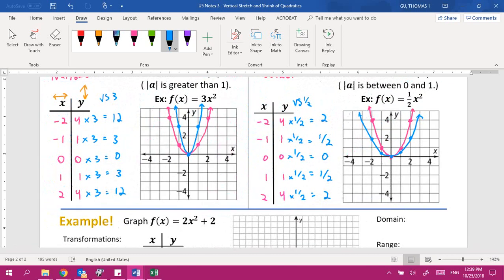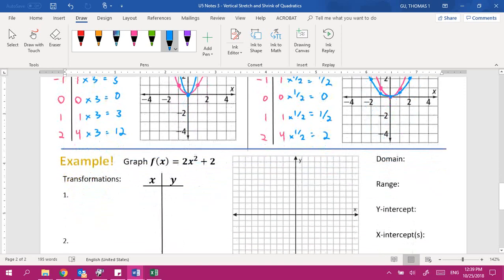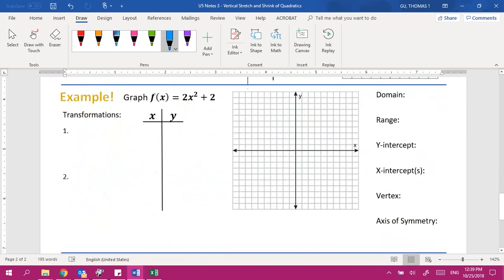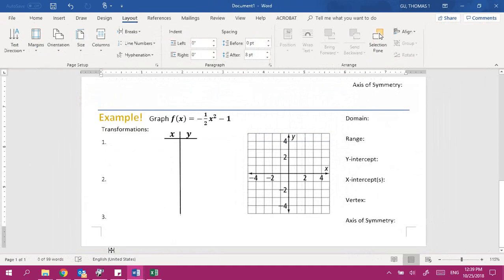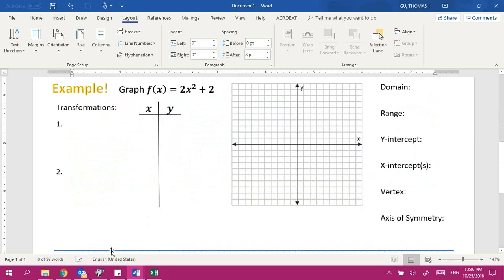Okay, so now that we've seen that, let's do some examples because your homework is going to look just like this. It's pretty much this all the way through. They're giving you an equation. Actually, let me open my other page so it doesn't freak out on me. Okay, we've got the graph f of x equals 2x squared plus 2. We're going to write the transformations from left to right.